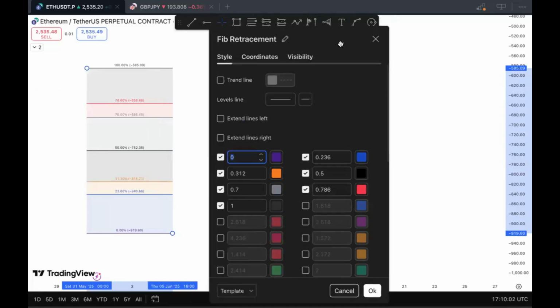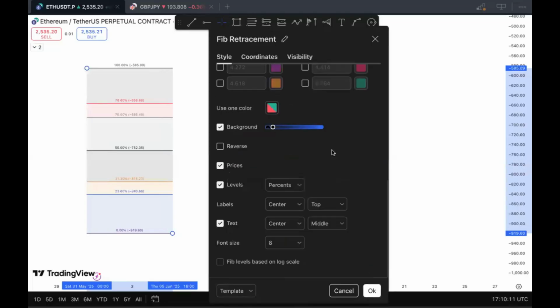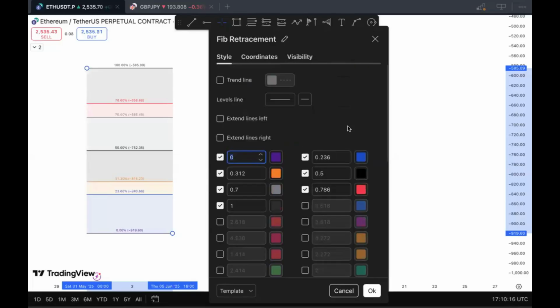So this is the settings for the Fibonacci retracement tool. This is the settings you need for the Fibonacci retracement tool.